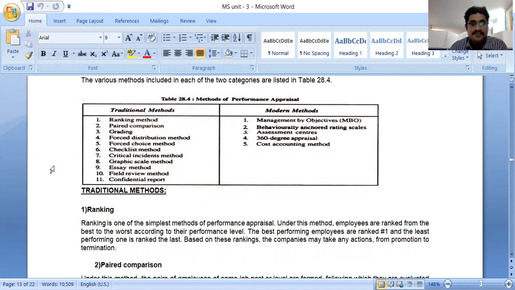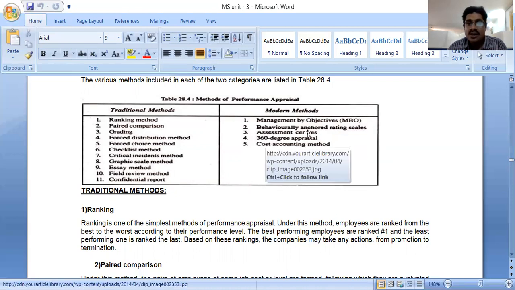And the next ones are forced choice method, checklist method, critical incident method, graphic scaling method, SSM method, field review method, and confidential report. And the modern methods are MBO, management by objectives. The next important one is the 360 degrees appraisal method, right? And next is the behaviorally anchored rating scale method, right? These are the traditional and modern methods to check the performance of the employees.